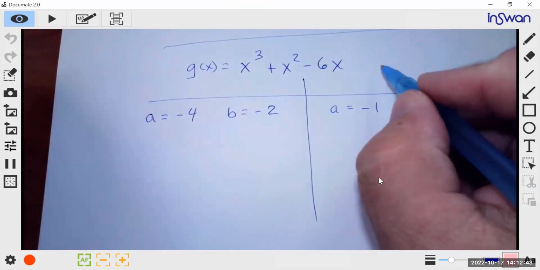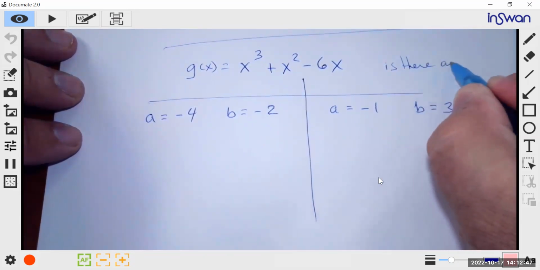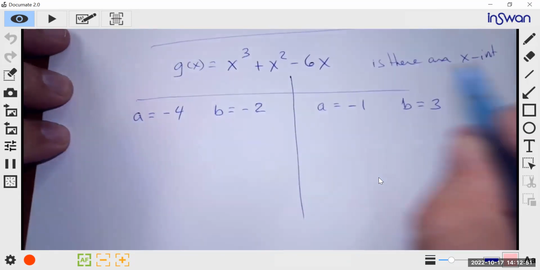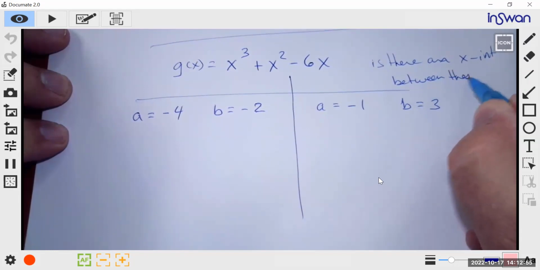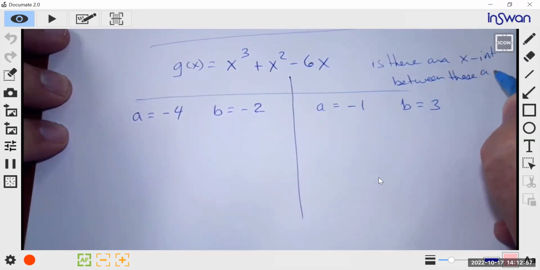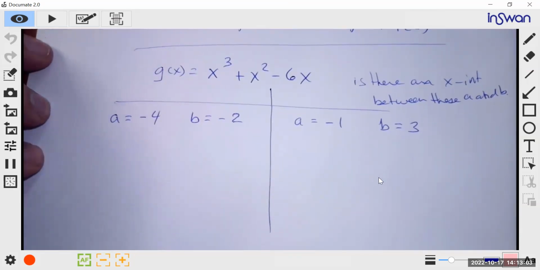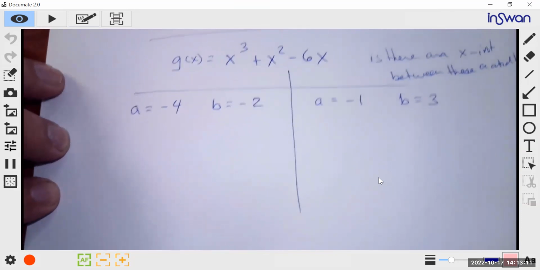In other words, what this is asking, is there an x-intercept between these A's and B's? Is there going to be an x-intercept? Will it cross the x-axis between this A and this B? How do we figure that out?